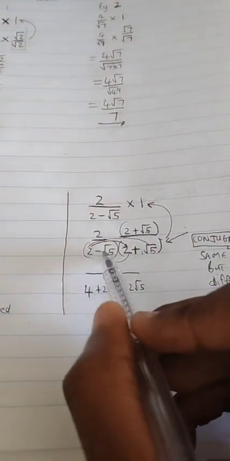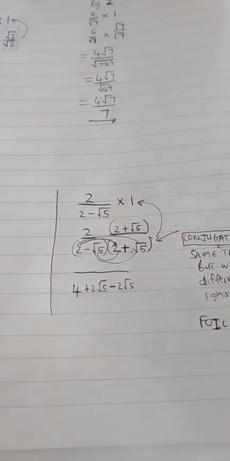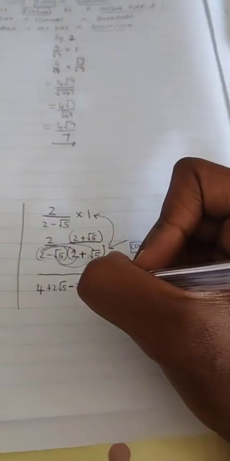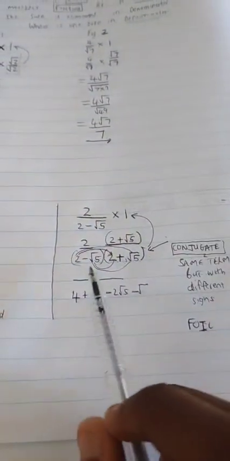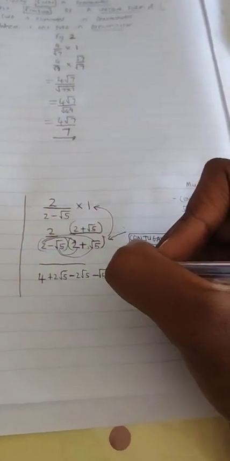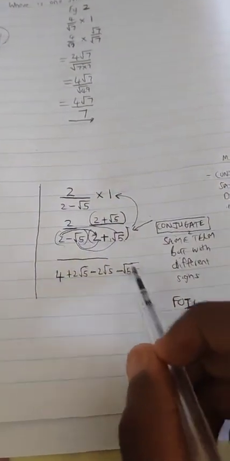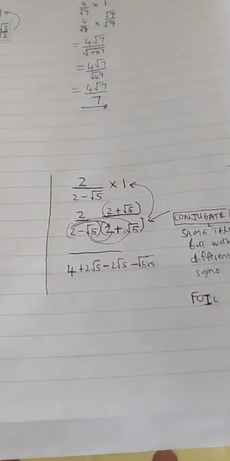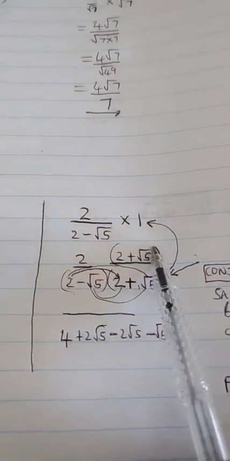And last but not least, minus root 5 times another root 5. That will simply give you a negative underneath that 5 times 5, which will obviously give you the square root of 25 in that particular position.